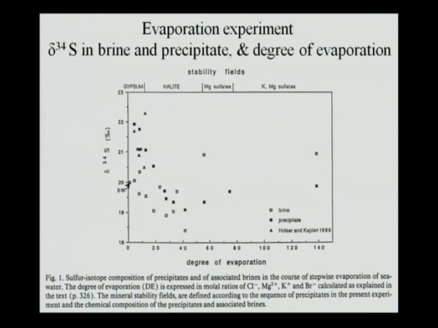as much as one can get, and measure the isotopes. So here are the results, not too many points. The brine goes, and the precipitates. And there was a previous experiment which didn't go that far. It stopped here.